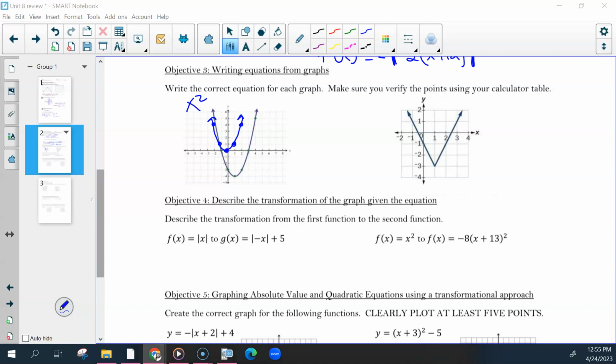Because the distance between the vertex and the next point is the same as this one. So it didn't get wider, it's the same.